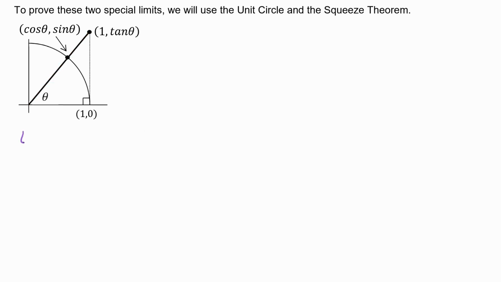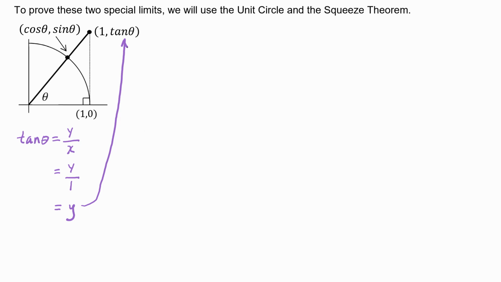We know that tangent theta is equal to y over x. At this point, the x-coordinate is equal to 1, so this is y over 1, which is just y. So the y-coordinate will equal tangent theta. So that's where that came from.